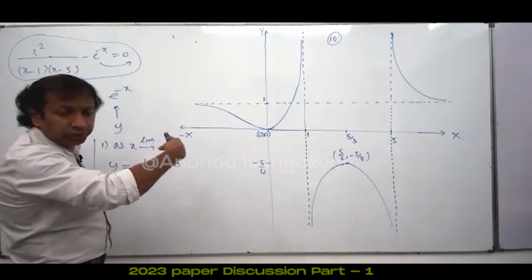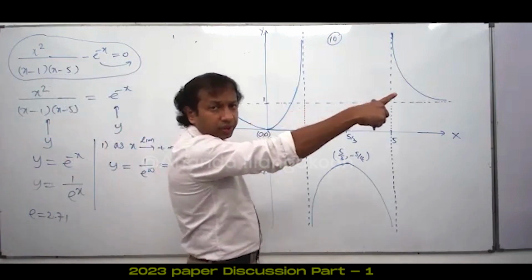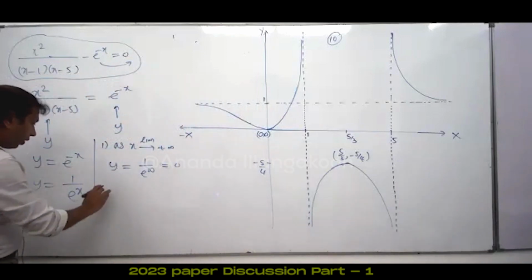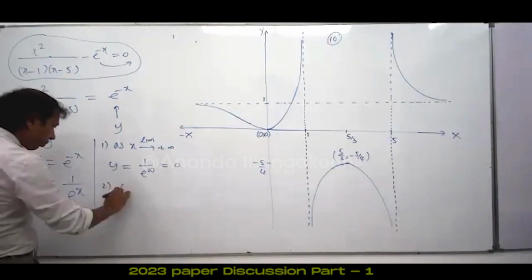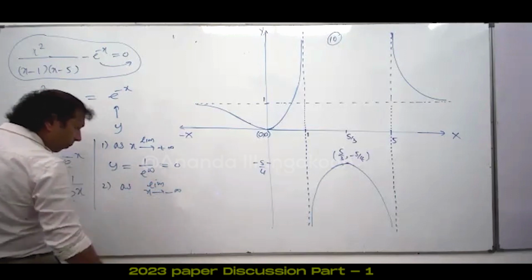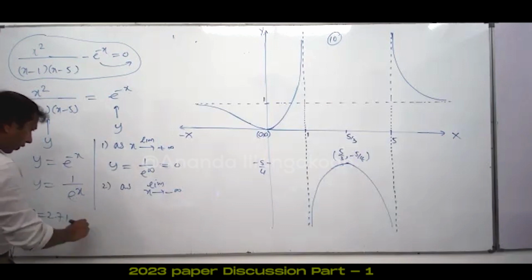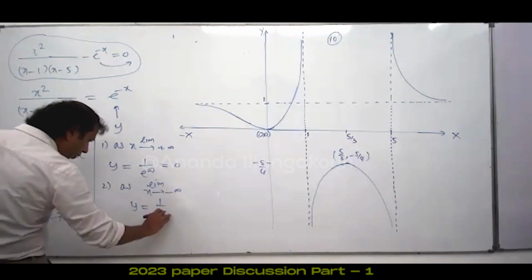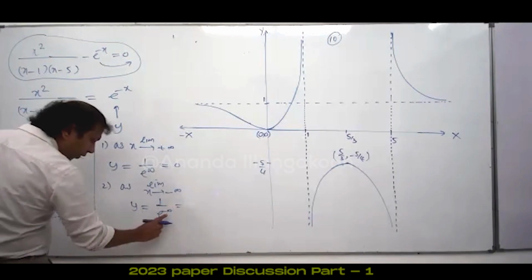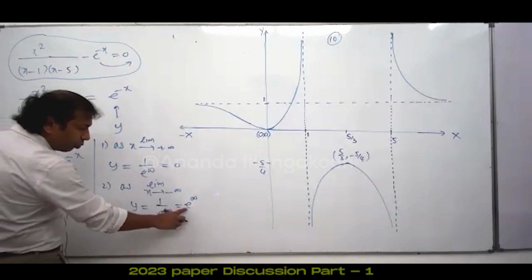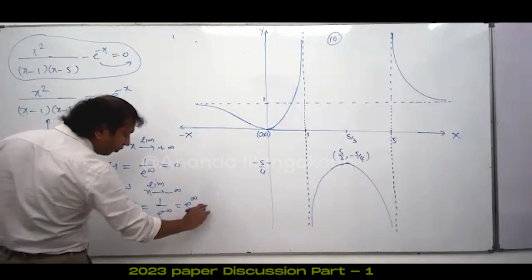As we go to the right of the x-axis, y goes to 0. Number 2, as the limit x goes to negative infinity, put in negative infinity, y is 1 over e to power negative infinity. Take this to the numerator, e to power infinity. e means 2.71. That to power infinity is going to infinity.